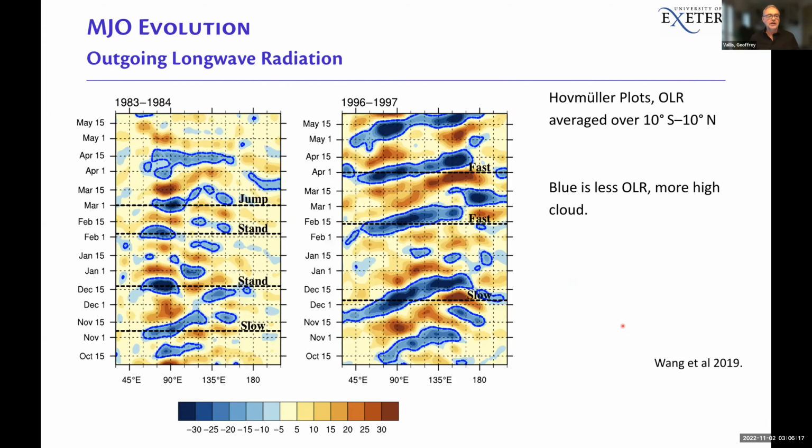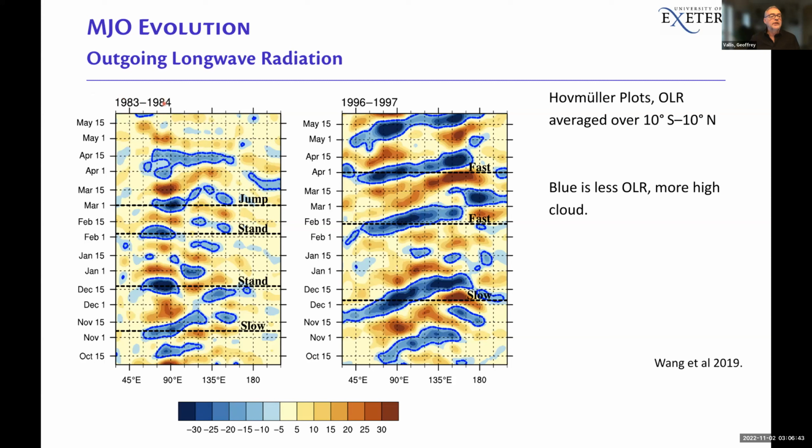Here's another view of the MJO. Here we're looking at the outgoing long-wave radiation. Blue is less outgoing long-wave radiation, so it's cold, basically looking at where there is cloudiness. Here along the x-axis is longitude, and here is time going up.